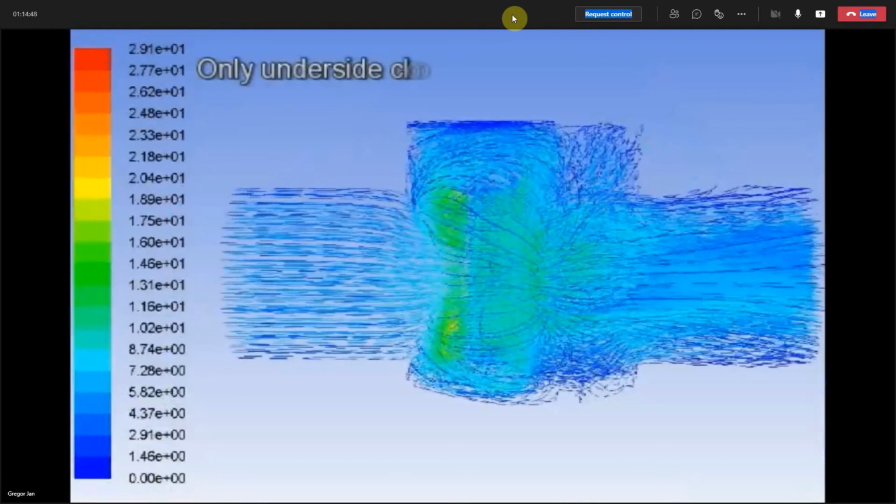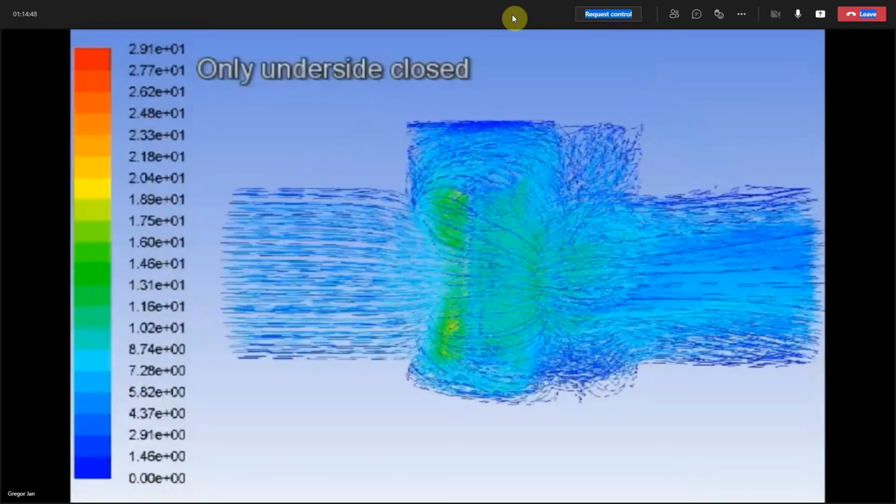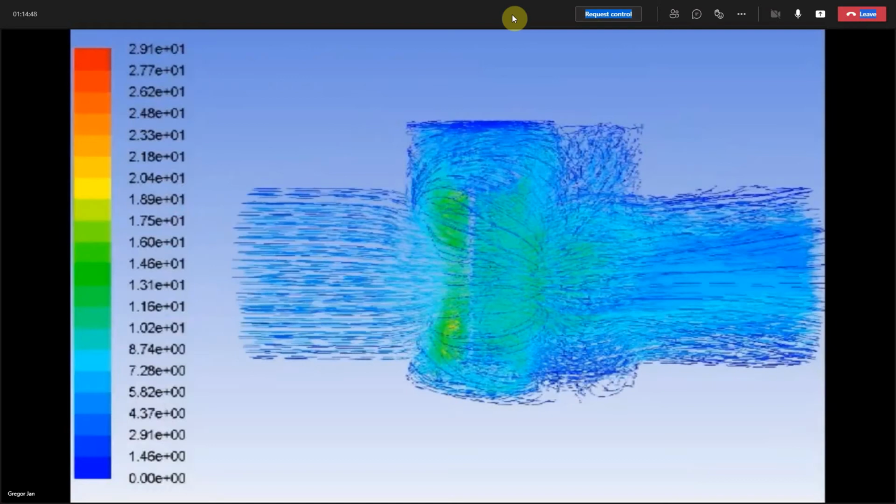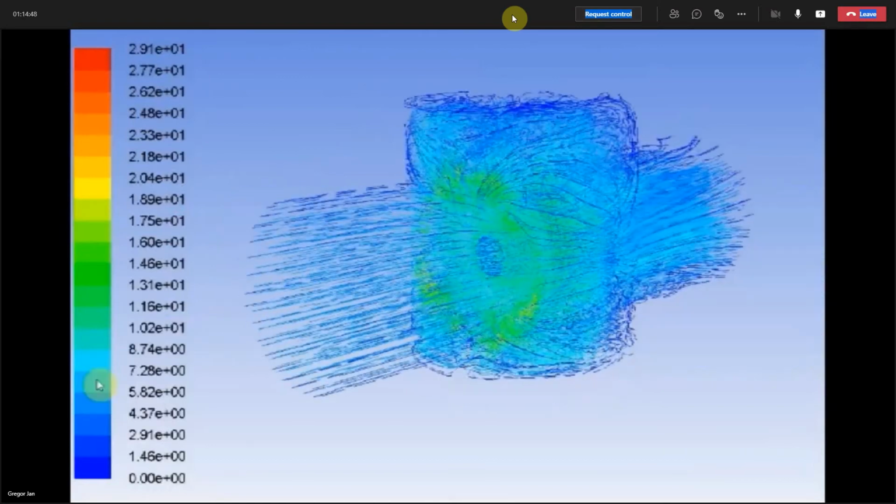But here, when the same thruster and tunnel are closed on the underside and nothing else is done, you can see what real circulation around looks like. So it circulates the flow and nothing more goes to the tunnel.